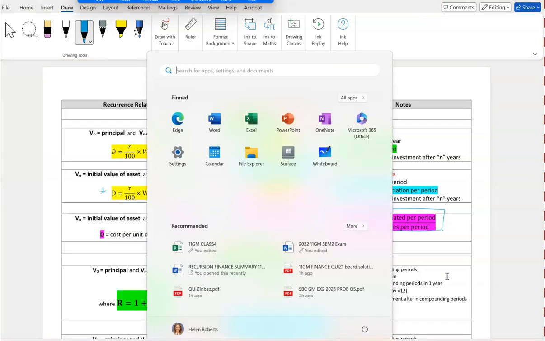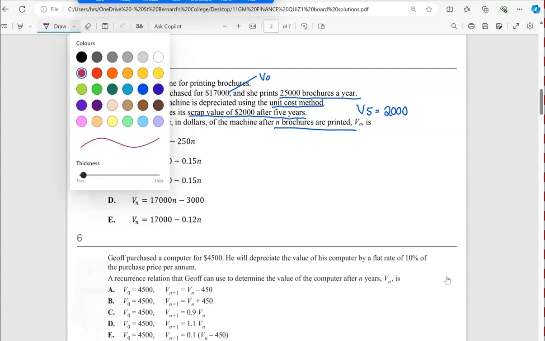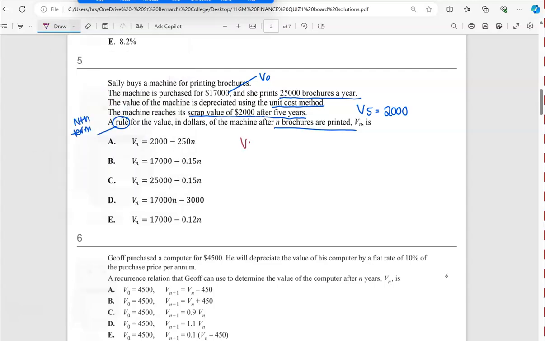So we'll go back to here. First I've got to find, so the VN rule was VO minus N times D. I need to know what D was. So the D was the drop in value over the number of uses.